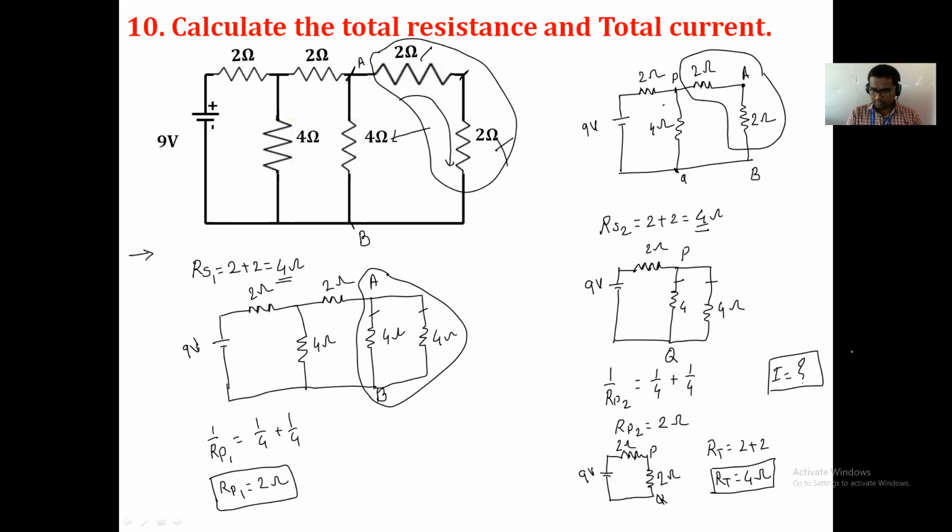So here I can write I becomes 2.25 ampere. All of you please check it. Yes, sir. Okay. Whenever you have any confusion or doubt, please stop me there and ask the doubt.